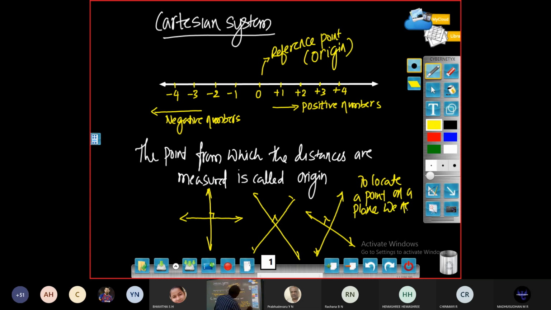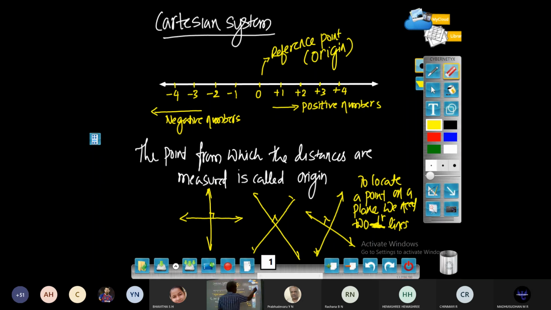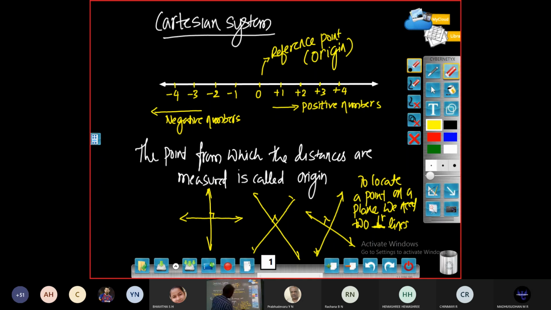We need two perpendicular lines. Symbol of perpendicular lines. To locate a point on a plane, we need two perpendicular lines.